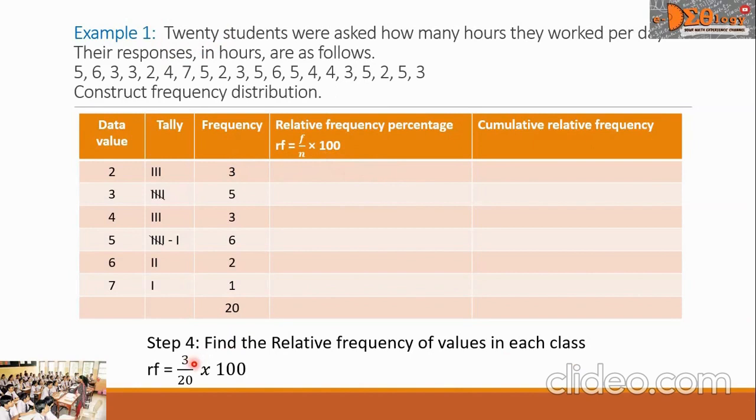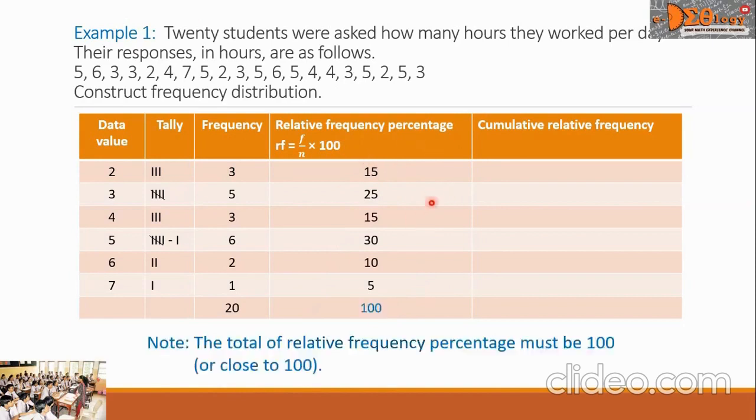We will write here over 20, that is the total frequency, times 100. And the answer is 15. And this 15 we will copy in here. Using the same formula, we will fill all the blanks here, and here we go. We have now the relative frequency percentage for each row. And the total of the relative frequency percentage must be 100.